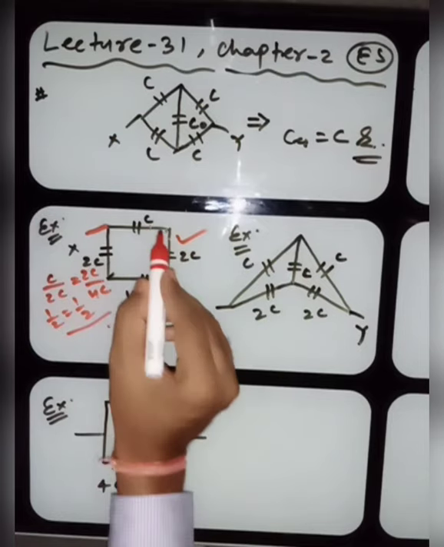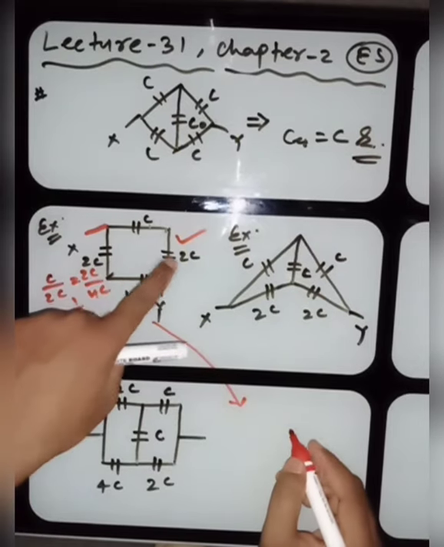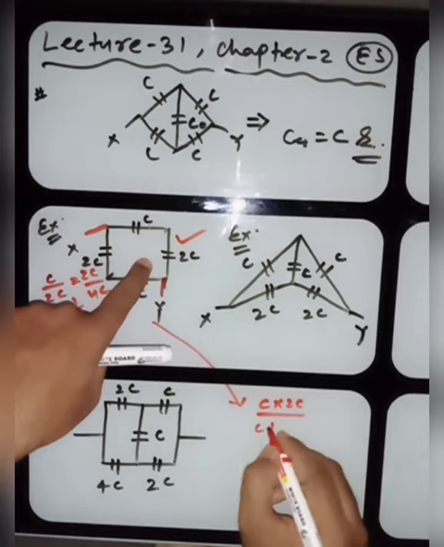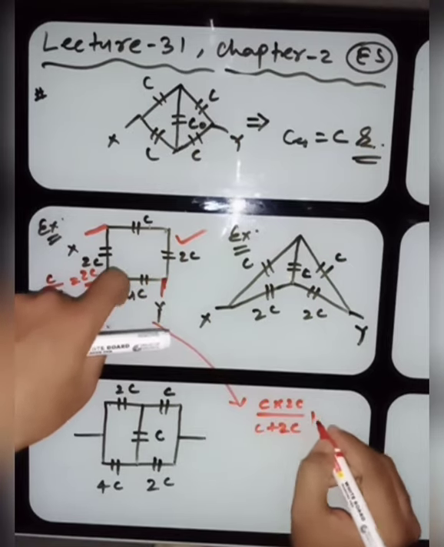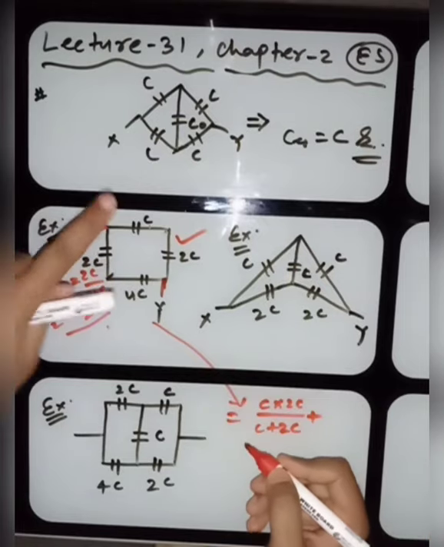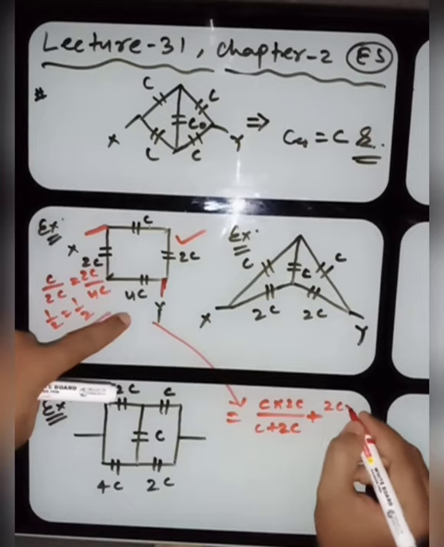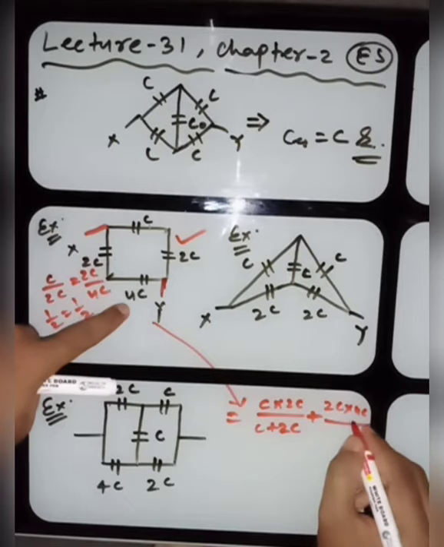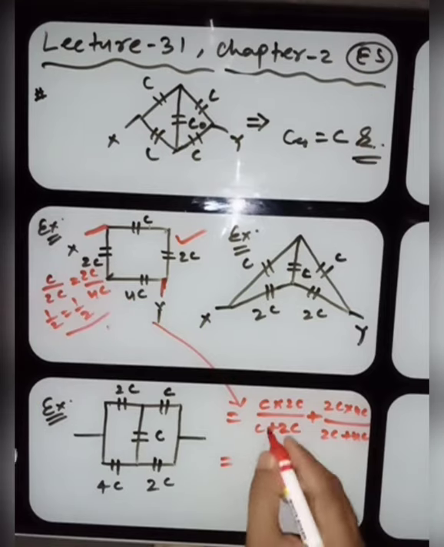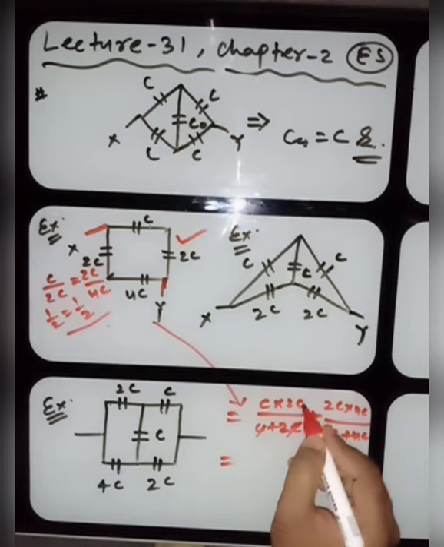Now the answer: C and 2C, here I am solving the question. This one, C and 2C, so C times 2C by C plus 2C. I'm sure that a few students are able to solve this question directly with very simple mathematical calculation. Here the 2C and 4C, so 2C times 4C by 2C plus 4C. Now solve here, this C will be cancelled out.